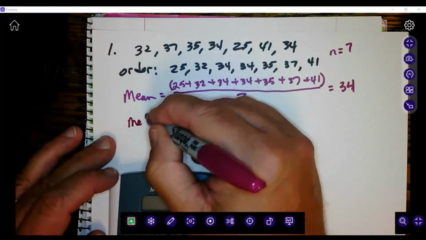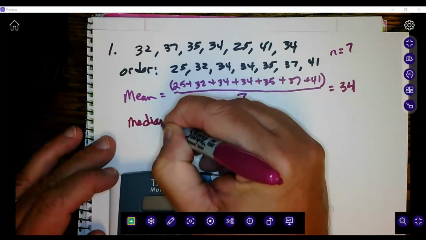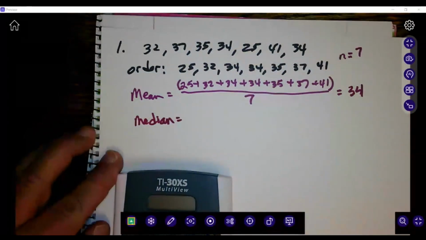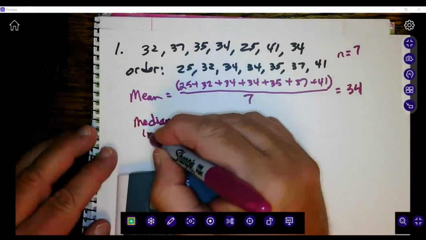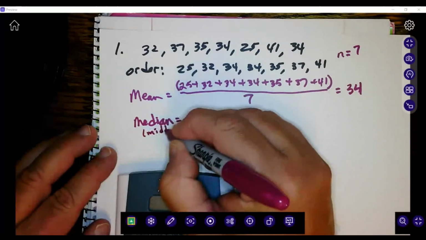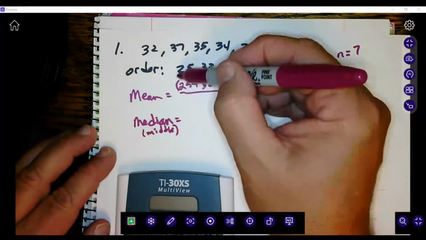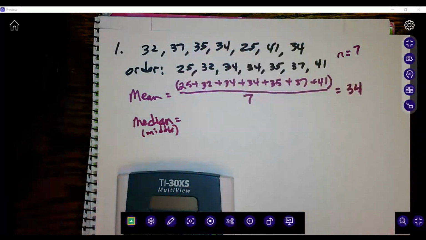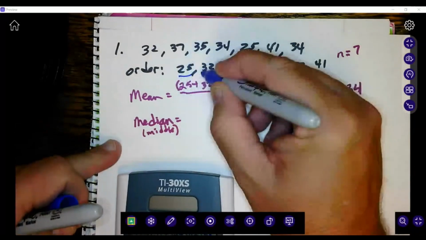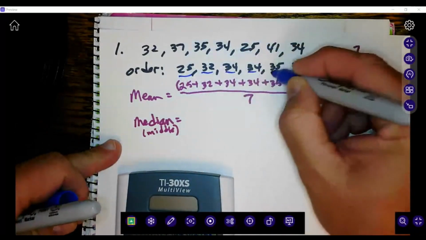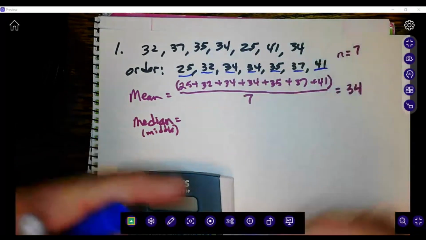Next, we will find the median, middle. So we have to have our numbers in order, so that's why we ordered them. We put them in order right here, 25, 32, 34, 34, 35, 37, 41.